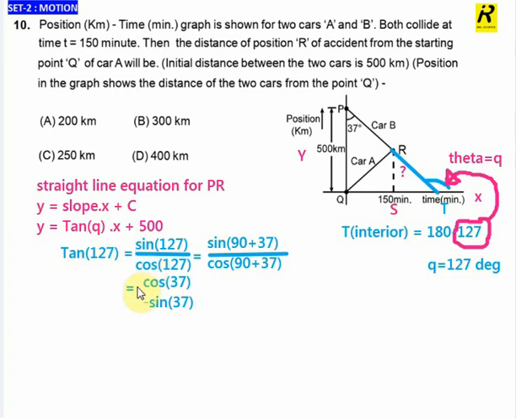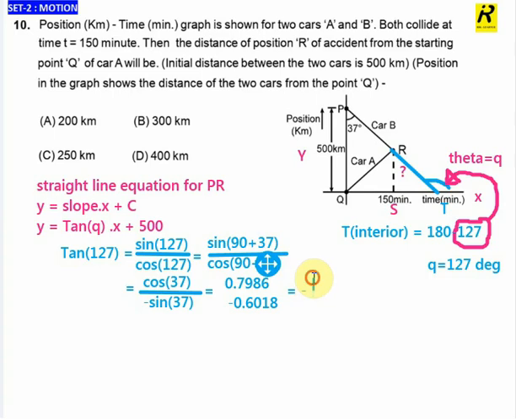You must know certain things: cos 37 is 0.7986 and sine 37 is 0.6018. I'll make some approximation.